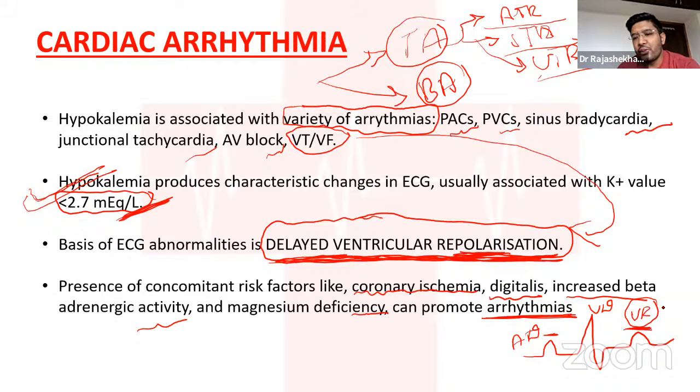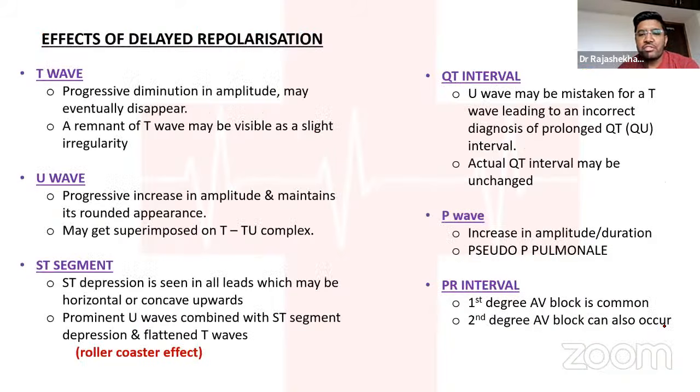Ventricular repolarization is the ST segment and the T wave, the site where potassium abnormalities usually manifest. If you look at the exact changes which usually occur in hypokalemia, the first and foremost thing is the abnormality in the T wave.